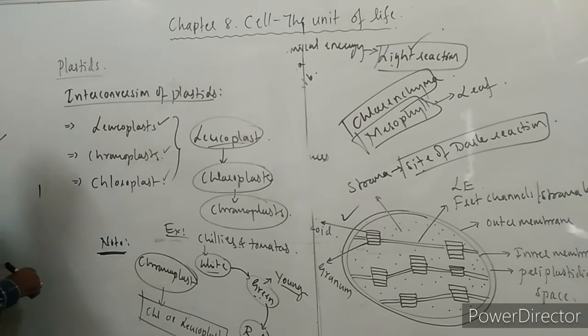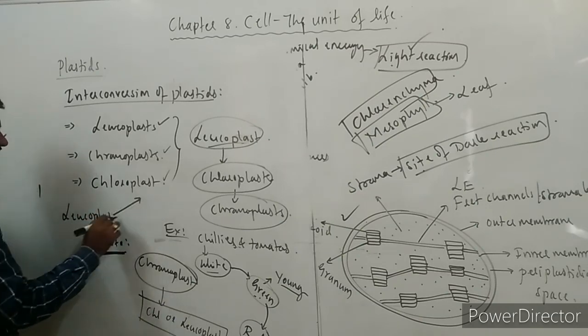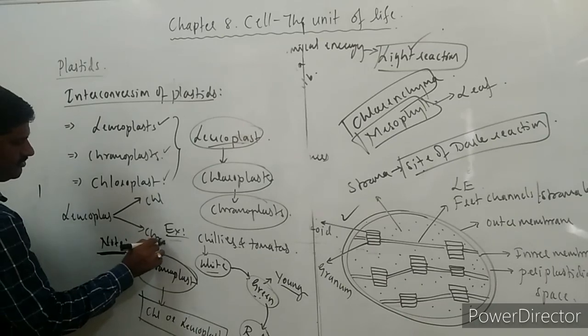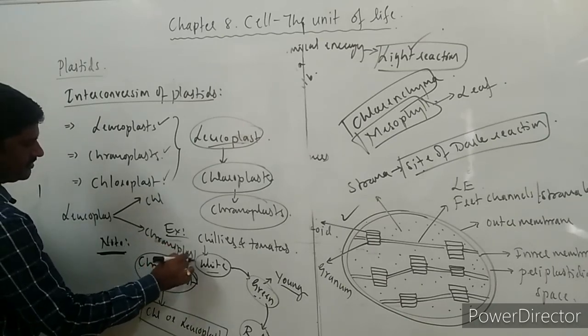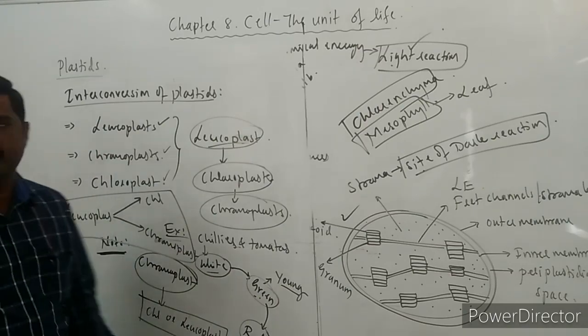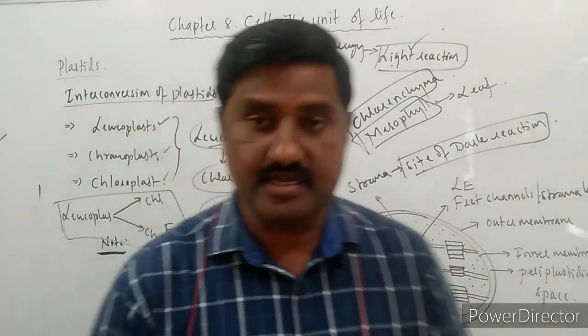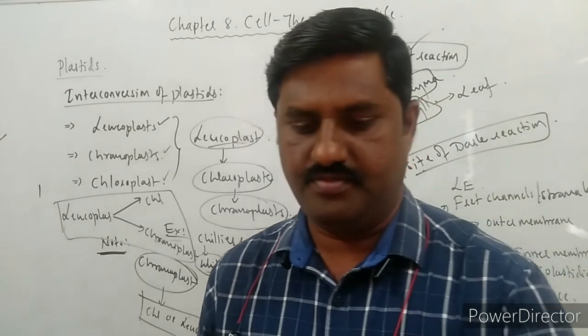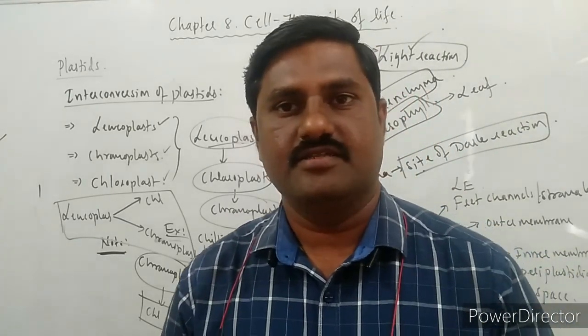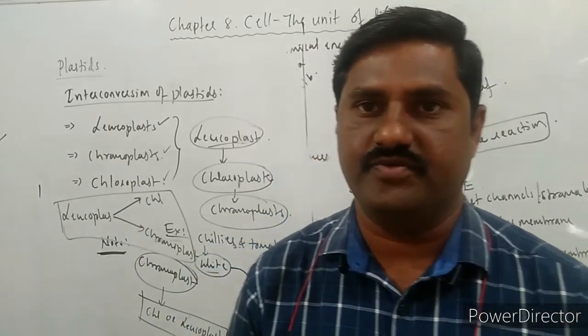Apart from this, leucoplasts can convert themselves into chloroplasts as well as chromoplasts. This is also one more fact to be remembered regarding interconversion of plastids. This is all about the plastids. We'll see the remaining things in the next video. Thank you.